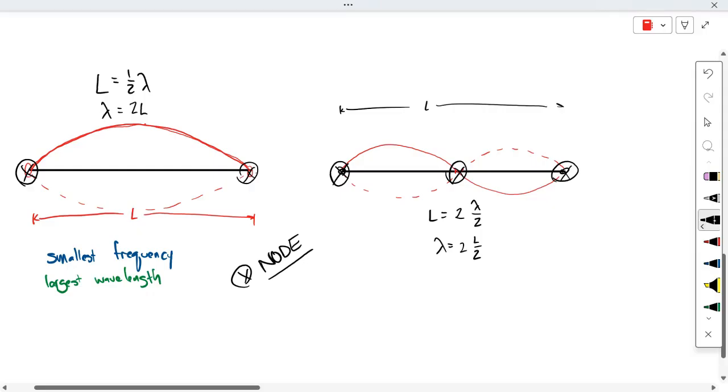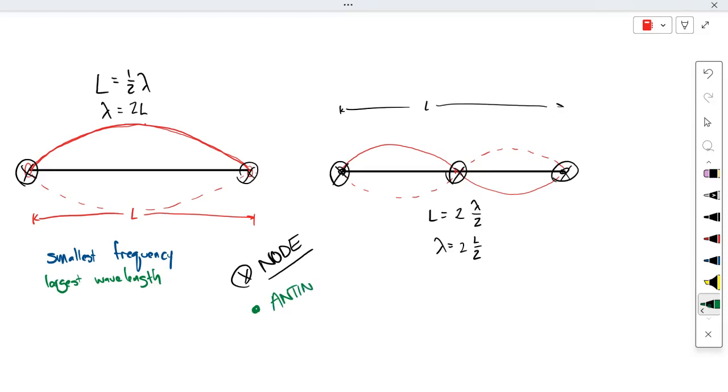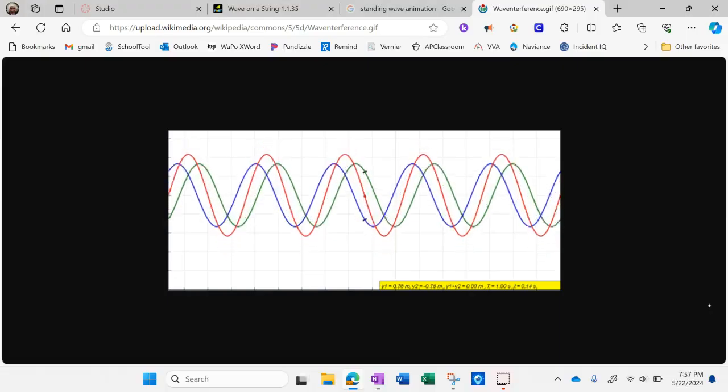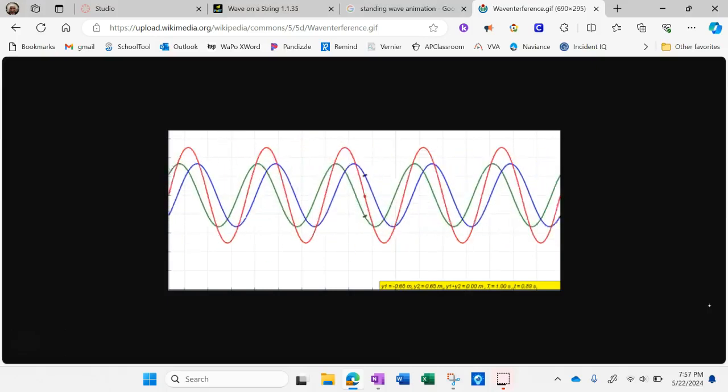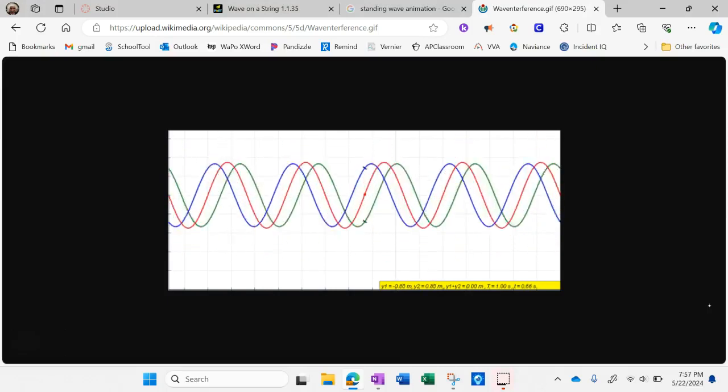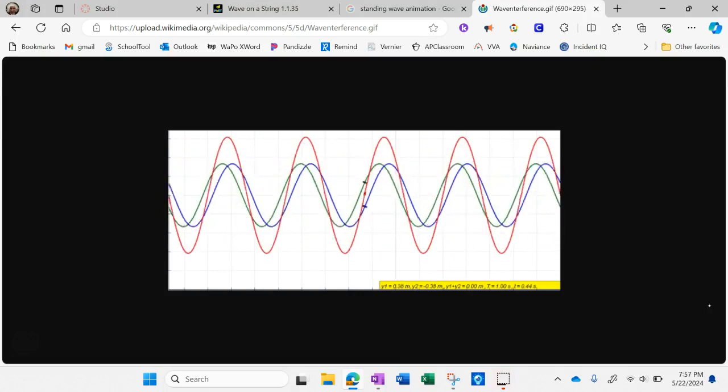And then you have these places. Does that work for you? Yeah. These are called antinodes. That's a place like this, and like this, and like this. Here basically is an antinode. This is the location of an antinode. It's not that this is one and that's one; those are locations of antinodes, where, if you look at the green and the blue wave at any instant, they're always in phase, right?